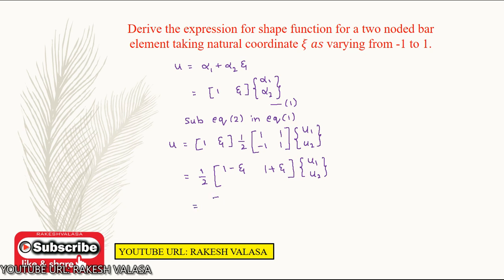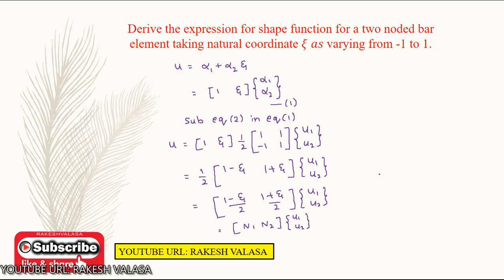You can also write that as 1 minus zeta by 2, next 1 plus zeta by 2, into u1 u2. Let us call these N1 and N2, into u1 u2.